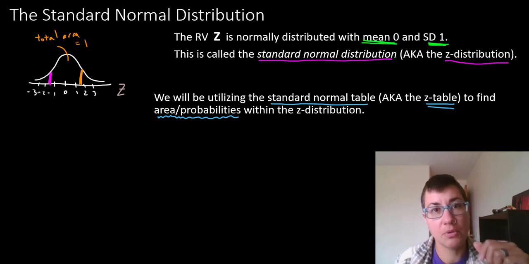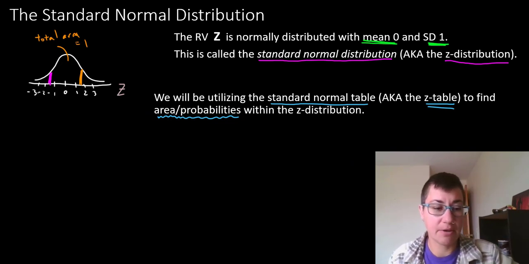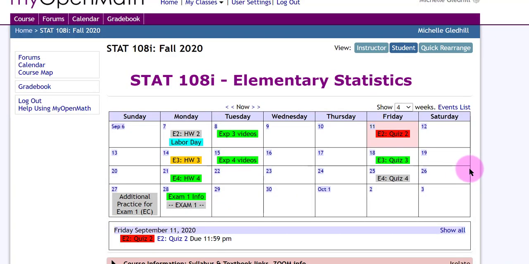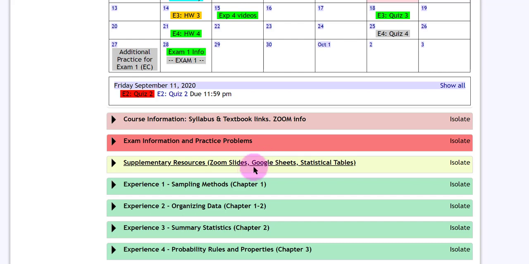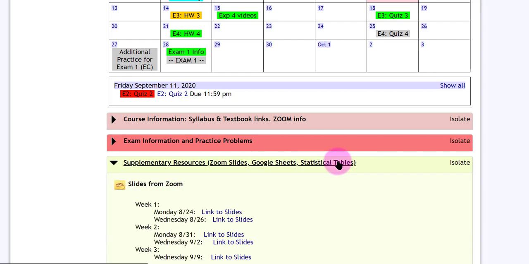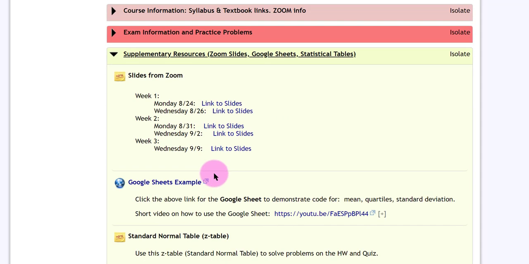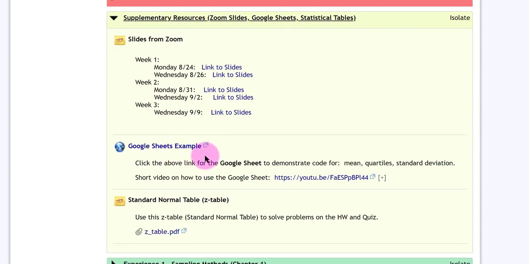I'm going to show you this table now. To find the standard normal table on our MyOpenMath site, you will find it under the Supplementary Resources folder. You'll notice in this little list there's an item that says Statistical Tables. And we've got our Zoom slides, we've got some Google Sheets, and here is the standard normal table.